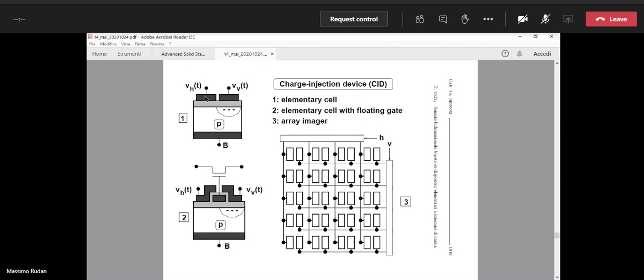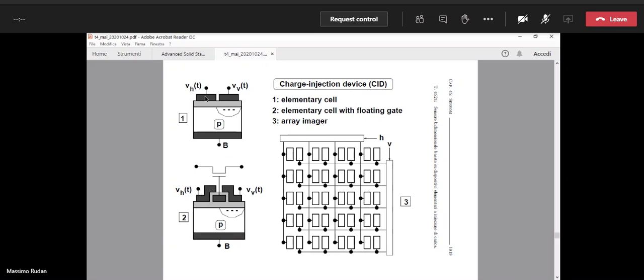So we have a space charge region under the gate on the right. Radiation is coming in, so we have an inverted charge under the right gate, okay?